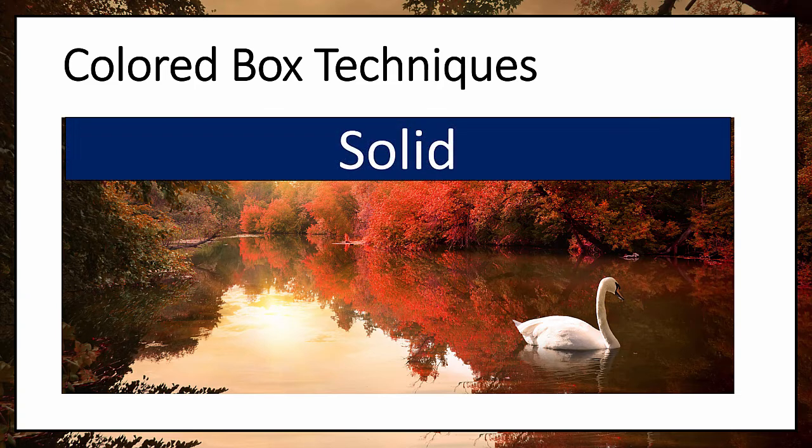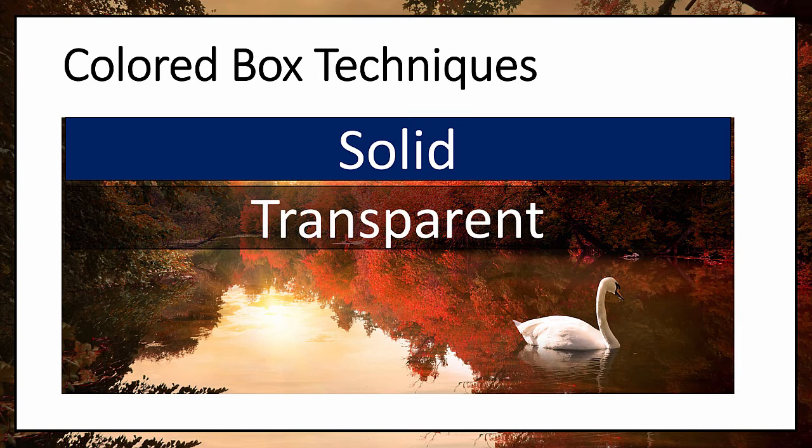The first one is to use a solid colored box. That will really make things stand out. It lacks a little in sophistication and is a little in your face. But don't worry, there are other options for doing colored boxes in the background. One is transparent. Have it blend into the background a little bit so you can actually see the background, but it does darken things up to make the text pop.